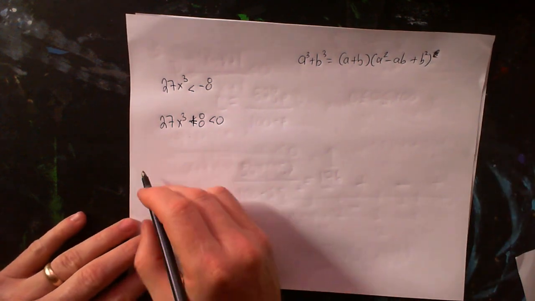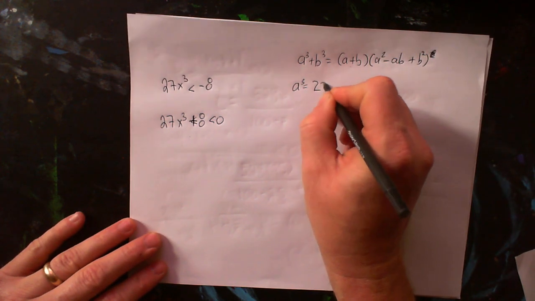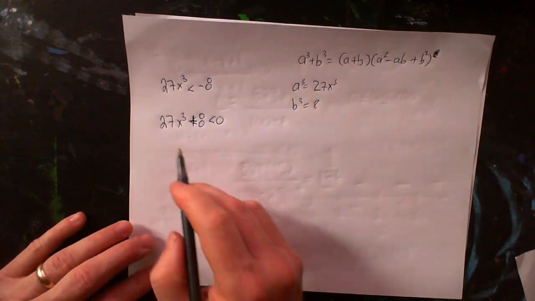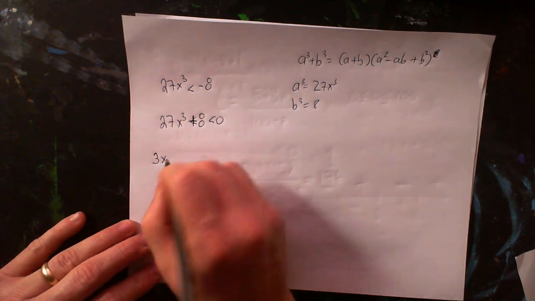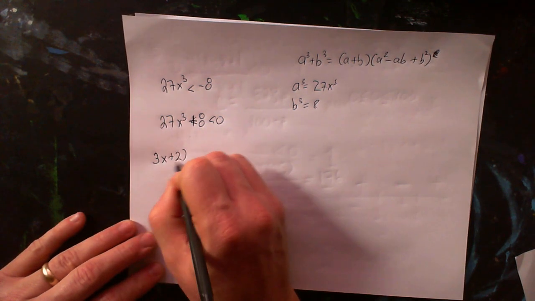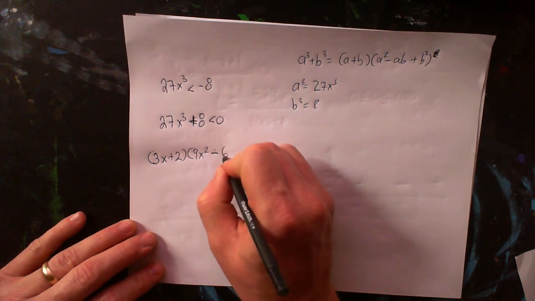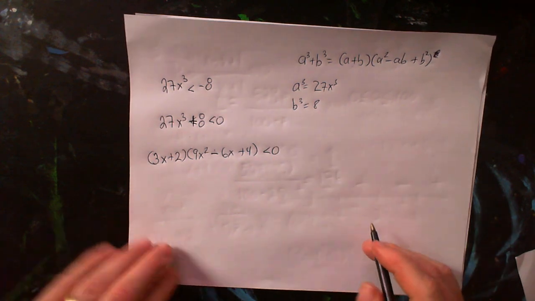And so this will factor if we think of a cubed as being 27x cubed and b cubed is 8. This factors to 3x plus 2 times 9x squared minus 6x plus 4 less than 0.